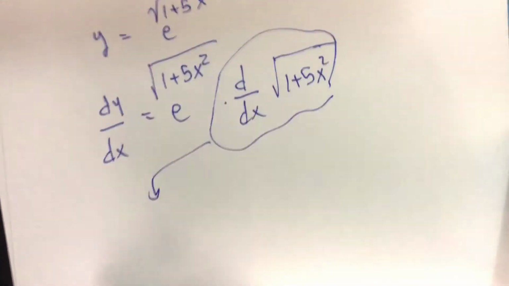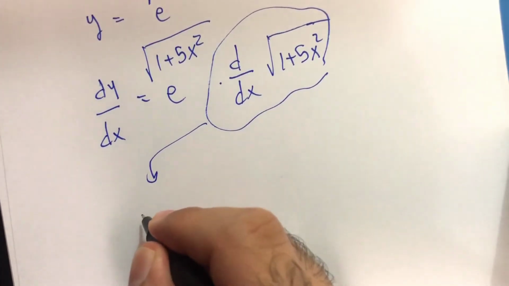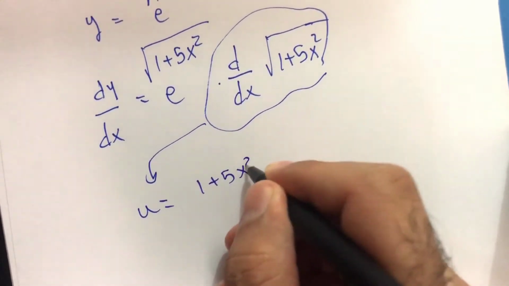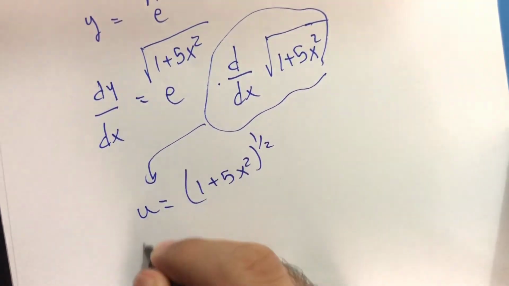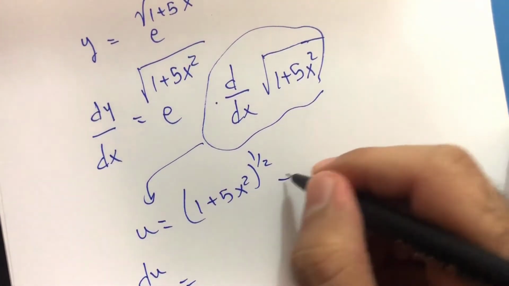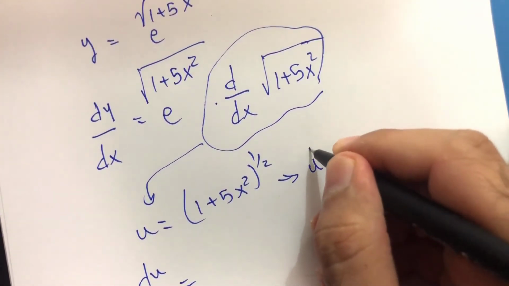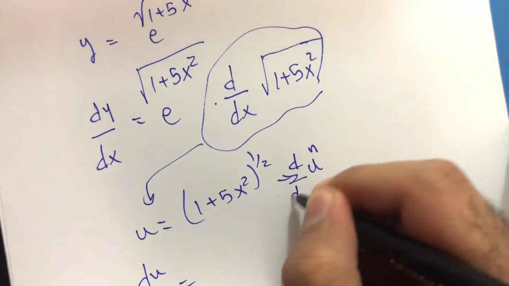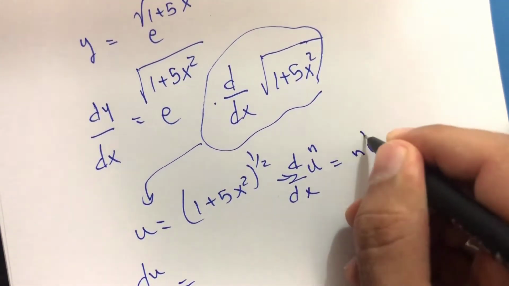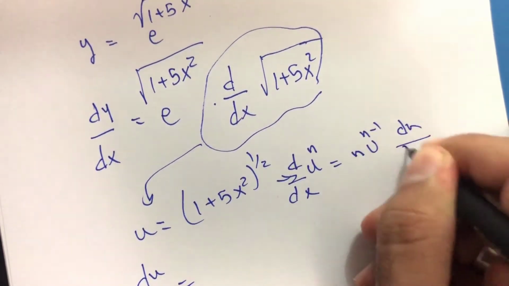For example, u equals (1 plus 5x squared) to the power 1 over 2. Then du by dx, this is nothing but u to the power n, so d by dx for u to the power n is nothing but n u to the n minus 1 times du by dx.